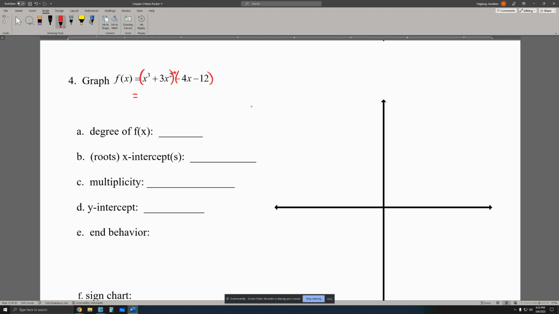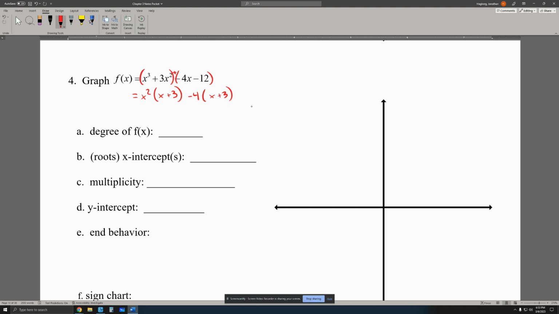All right, so this would be equal to, if I factor out the GCF from that first grouping, the GCF is x squared. And so what's left over is x plus 3. In the second grouping, if I factor out a -4, then what's remaining is x plus 3. And when factoring by grouping, you should find that what's left over in that grouping should be the same in both of these terms.